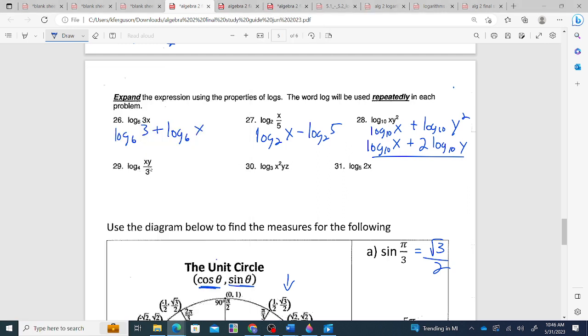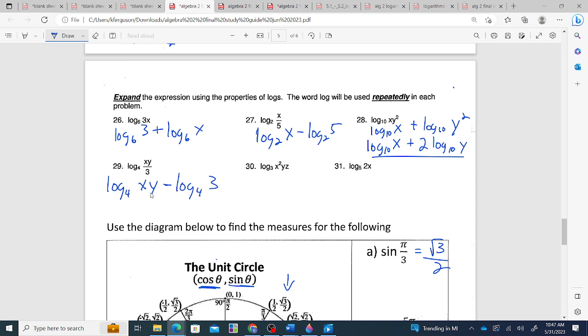So next, this is a quotient and a product. I got a product here, but then I got a quotient too. So I'm gonna separate it. First thing I'm gonna do is say log base 4 of x times y minus log base 4 of 3. So that's the quotient rule. I got the stuff on top, my numerator, stuff on bottom, my denominator.